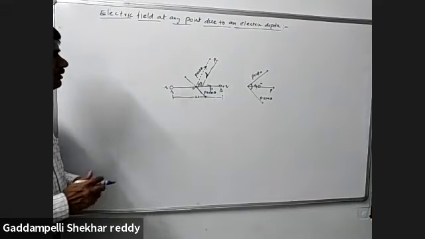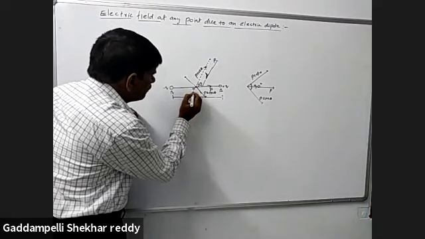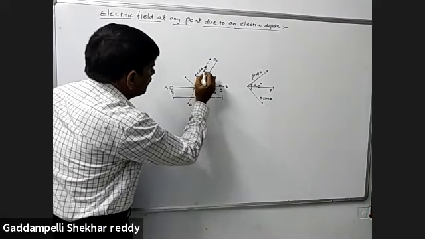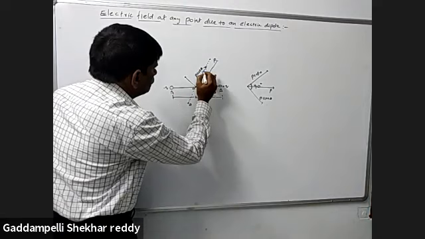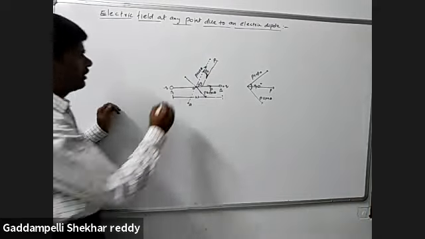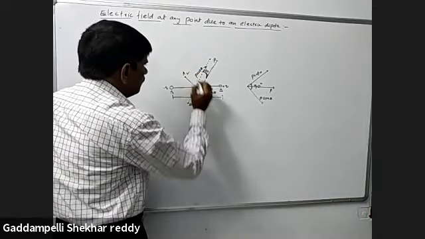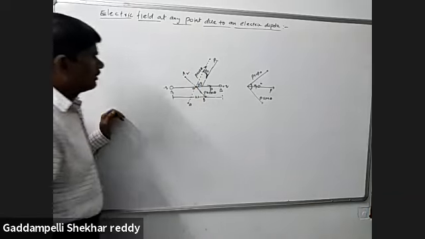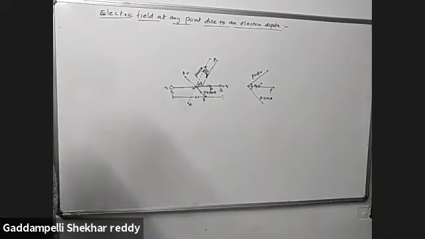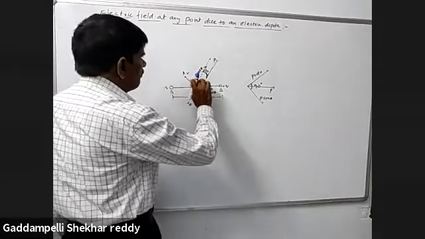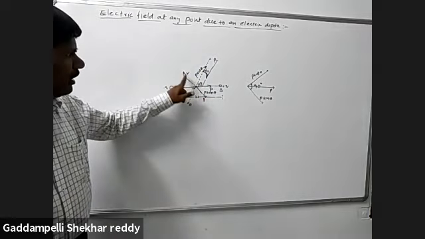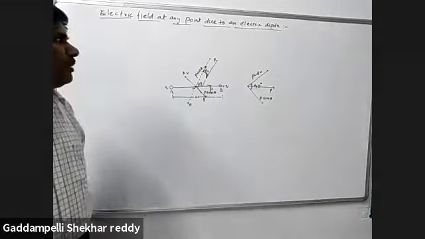One dipole A1 B1 has dipole moment P cos theta, along OP. Another dipole A2 B2 has dipole moment P sin theta, perpendicular to OP.